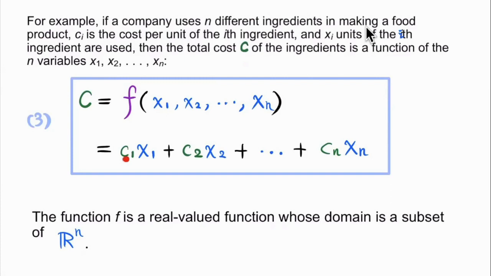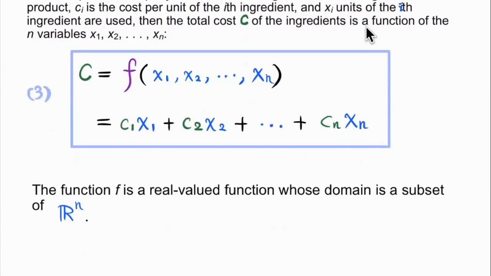Say C1 is the price for the first ingredient, C2 is the price for the second ingredient, and then Cn will be the price for the nth ingredient. Then the total cost here is a function of these n ingredients. The domain of this function is a subset of Rn.